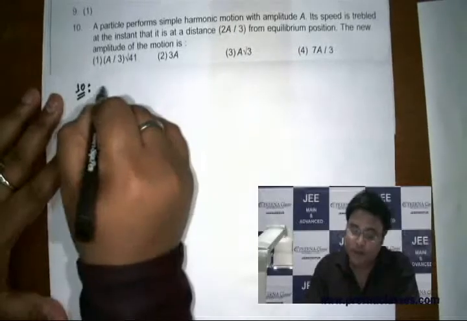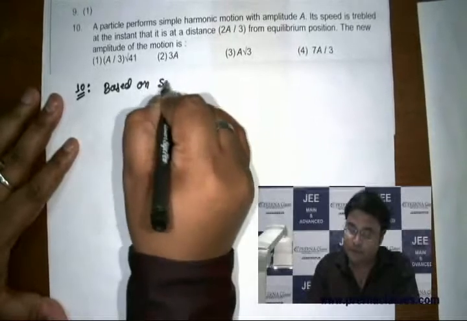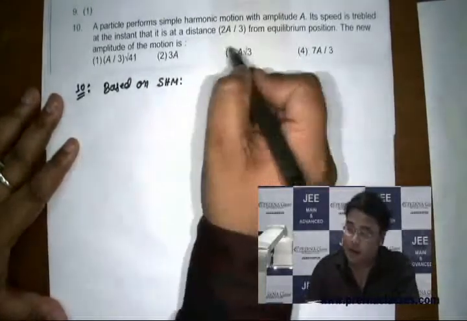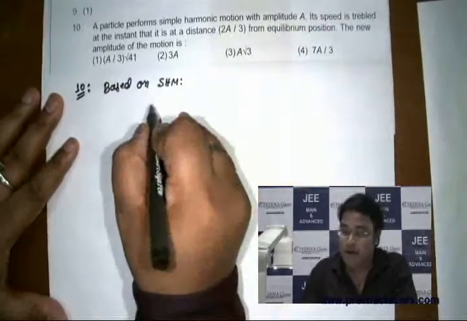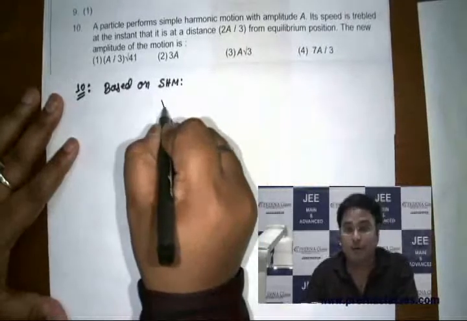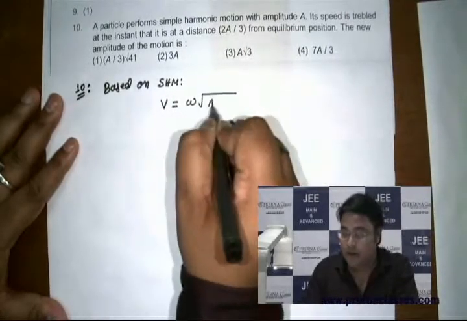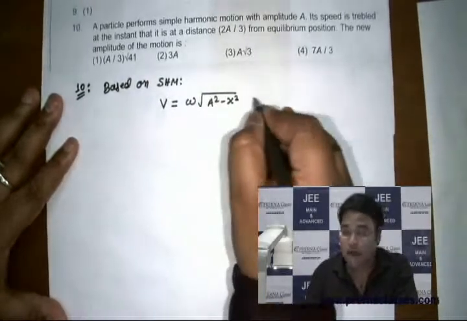Next is the 10th question. It is based on SHM. It is given at a distance 2a by 3, where a is amplitude. If you want to obtain its speed, then v equals omega under root of a square minus x square. Clear?